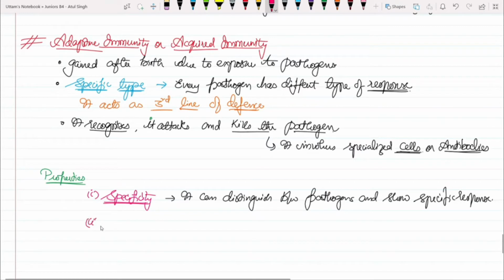Then diversity. Diversity is also seen, right? Diversity in the sense it can identify many types of pathogens.